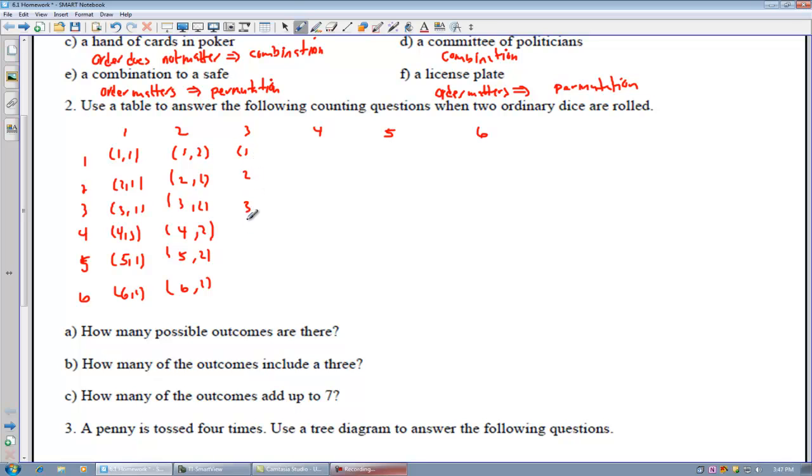Then 1, 2, 3, 4, 5, 6, and this time 3s. Again 1, 2, 3, 4, 5, 6, this time 4s.